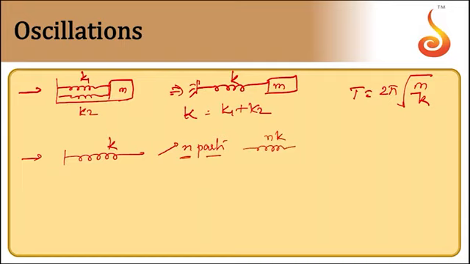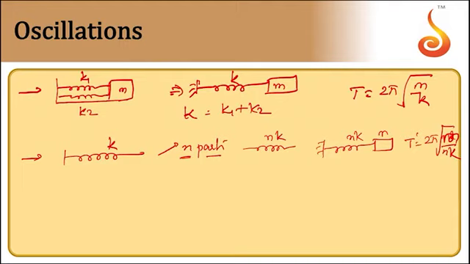And if we use such one part to make a simple spring mass system, then the period will be 2 pi root m divided by nK. So, remember this one. As far as a cut spring is concerned, the idea is like this.